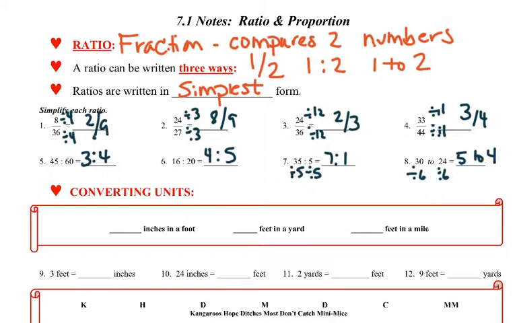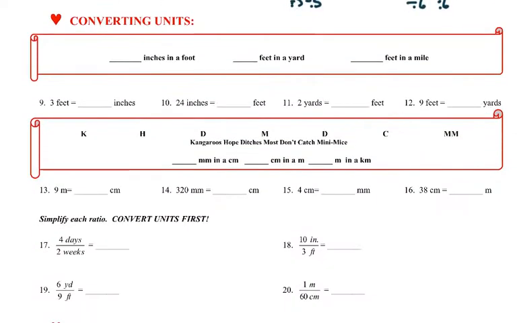There's some unit conversions that you know from growing up, right? You should know that there are how many inches in a foot? Right, 12. How many feet in a yard? Right, 3. And how many feet in a mile? That one people don't always know, 5,280. And you don't have to know that one, but you do have to know that there are 12 inches in a foot. So if I have 3 feet, how many inches is that?